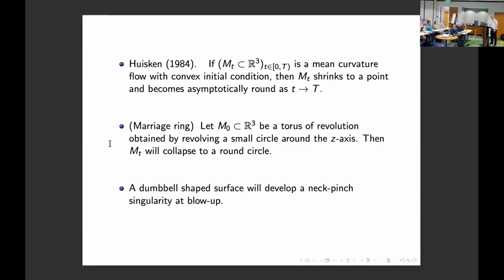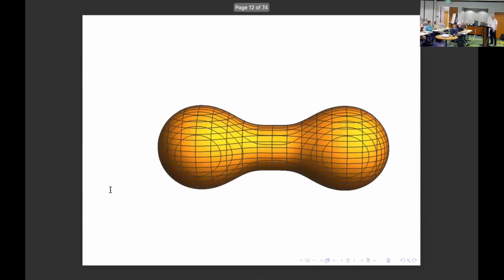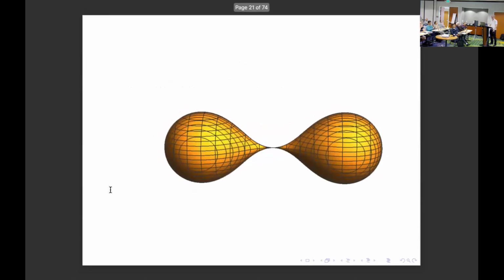Okay, and in the neck pinch case, there's again only one singular point where this neck pinch occurs. However, unlike in the two previous cases, there's some surface left at the blow-up time. In fact, you can show that away from the singular point, the flow actually has a smooth limit. So you have this smooth limit surface left over.